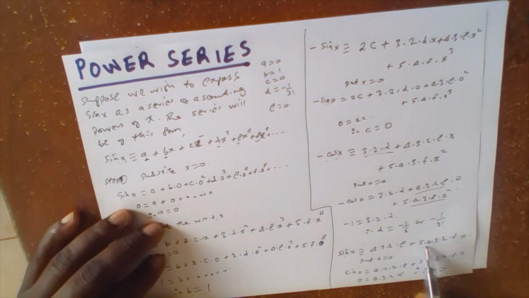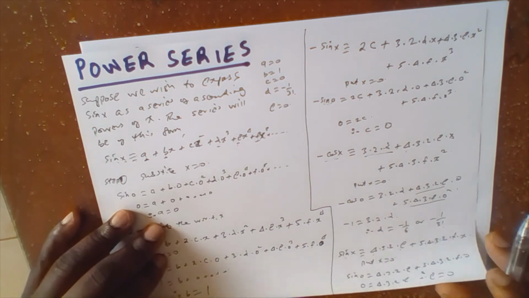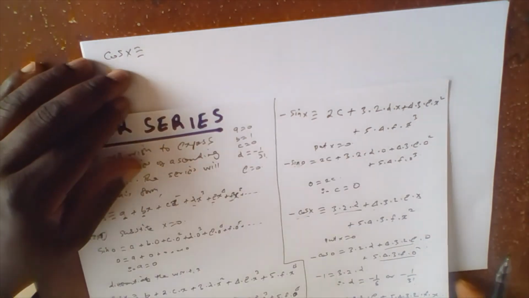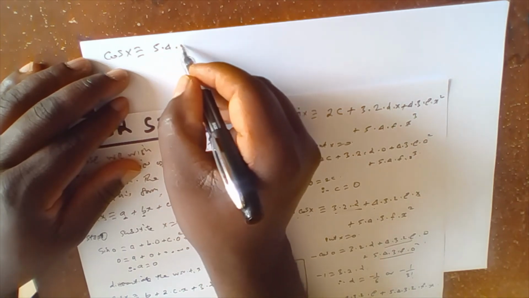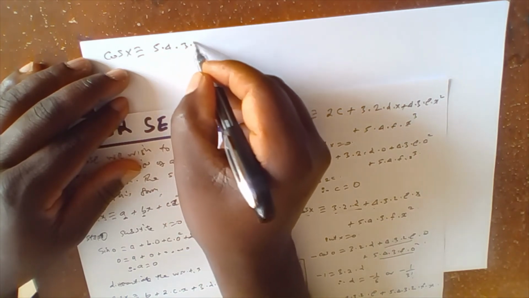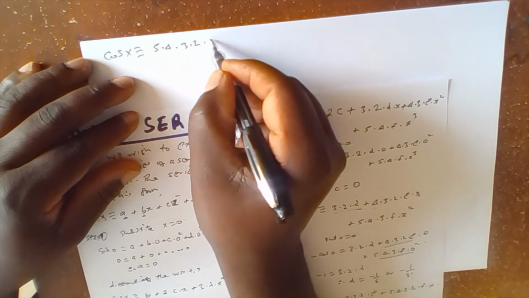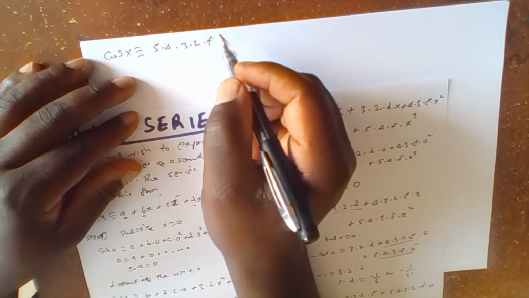We differentiate x. When you differentiate x there, we have 5 times 4 times 3 times 2 times f.